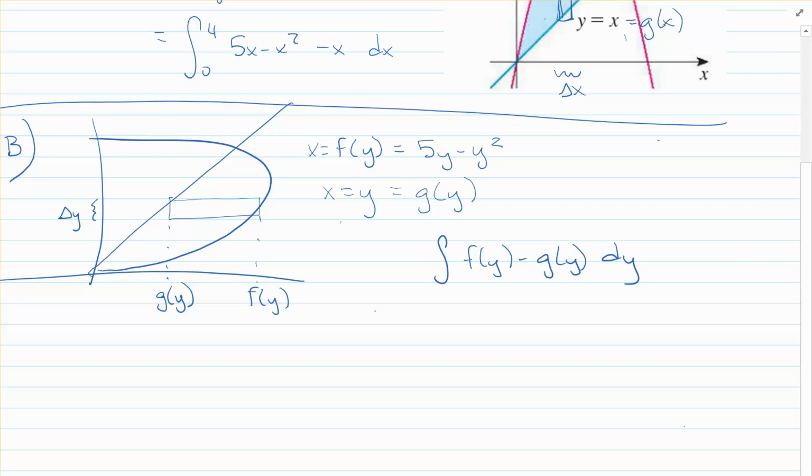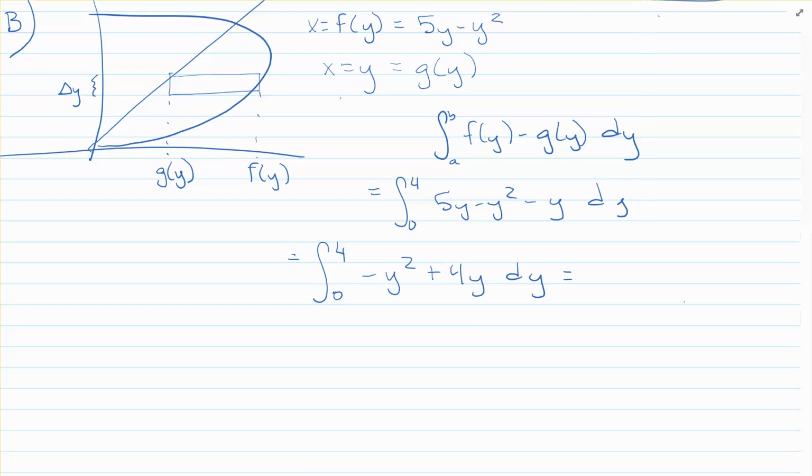All right, so how do we actually solve this? This is the integral from 0 to 4 here. f of y is 5y minus y squared. g of y is just y. This is actually a very easy integral to solve. It's just a matter of getting the picture set up right. So negative y squared plus 4y dy. This is just a polynomial, so I raise the power by 1, divide by the new power, and then evaluate this from 0 to 4.